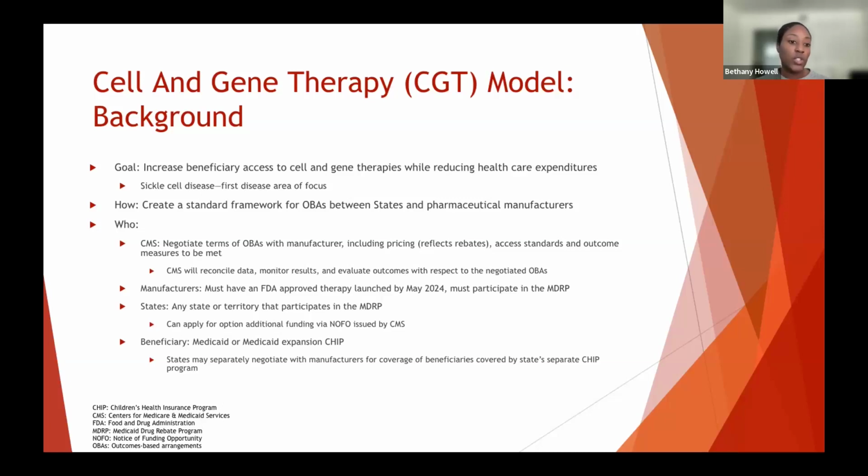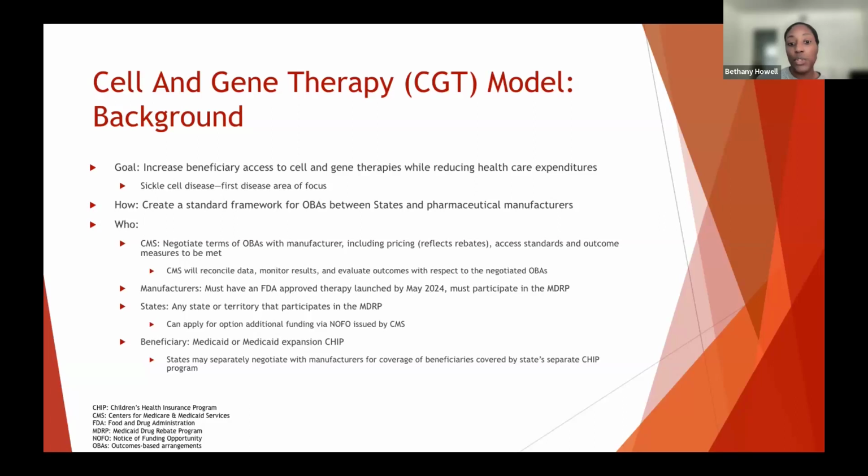So just like I talked about, it's really important that CMS works closely with states to determine what the terms of the outcomes-based arrangement should be in advance, so that there's fair negotiation with the manufacturer and the pricing makes sense. As the model begins, CMS will collect data and then reconcile that data, monitor results, and evaluate the outcomes, and compare that to what the negotiated terms were of the outcomes-based agreement.